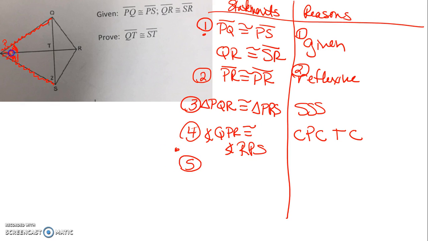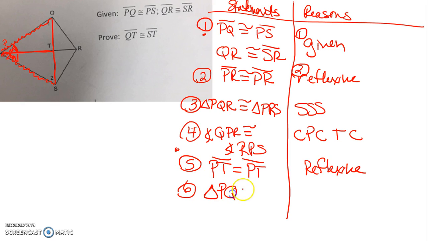And this side right here, I can say is congruent to itself by reflexive property. PT is congruent to PT by reflexive property. And what that then gives me is by side, angle, side, PQT is actually congruent to PTS.